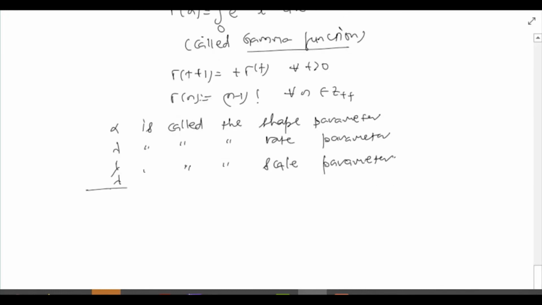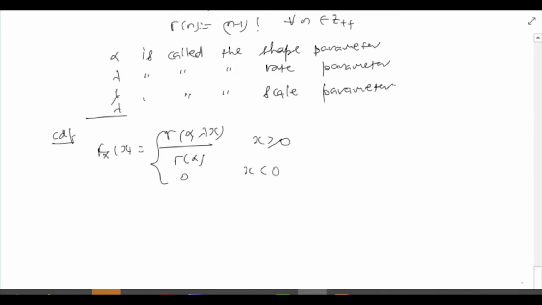The CDF of gamma distribution can be written as follows. CDF F(x) is small gamma of (alpha, lambda x) divided by gamma alpha for all x greater than or equal to 0, and it is 0 for all negative values of x.